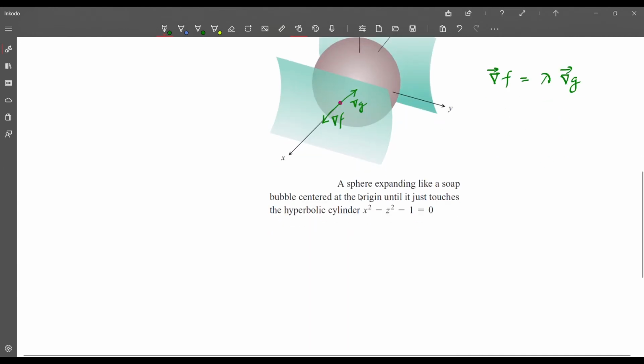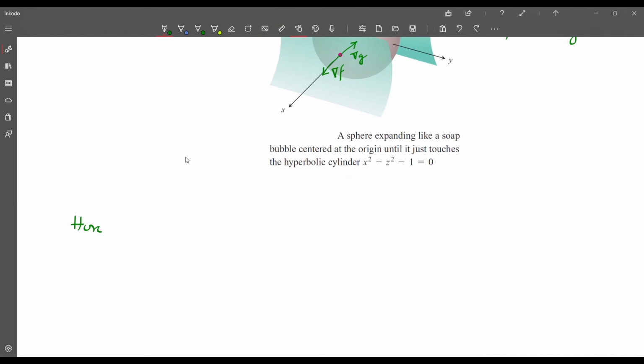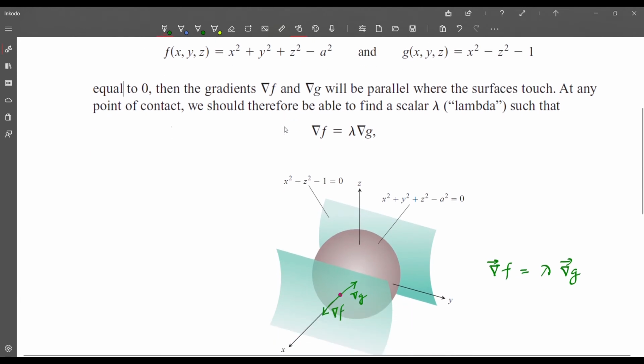So we use the Lagrange multiplier here. Here f of x, y, z is x square plus y square plus z square minus a square, and g of x, y, z is x square minus z square minus 1.